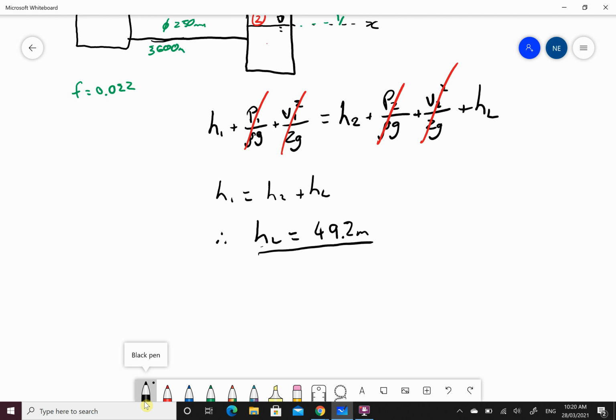So my losses due to friction. Just rewriting this equation and building this out a bit more. My loss due to friction is my friction factor, L on D, V squared on 2g, has to be equal to 49.2 meters.